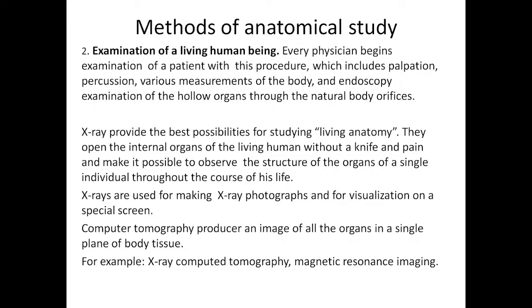X-rays are used for making X-ray photographs and for visualization on a special screen. Computed tomography produces an image of all organs in a single plane of body tissue. For example, X-ray, computed tomography, magnetic resonance imaging.